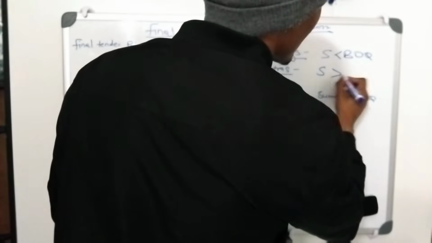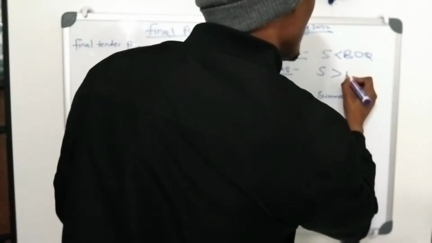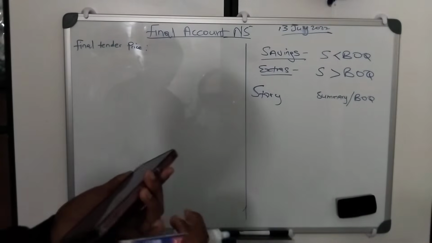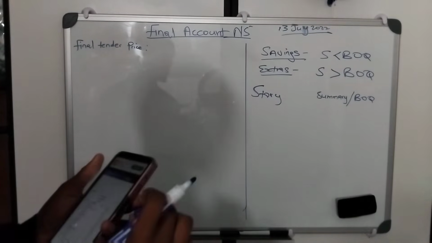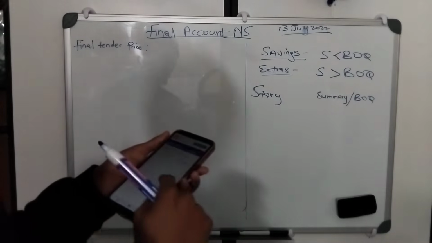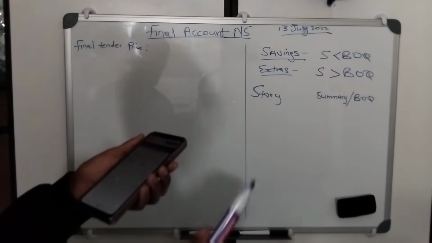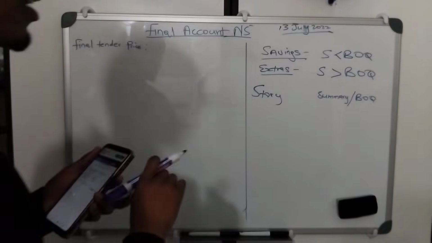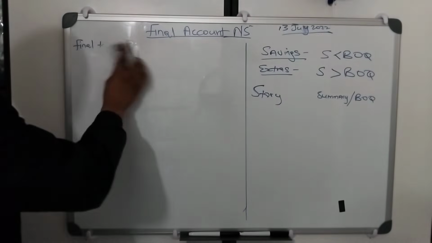Whenever on the story it's big and on the BOQ it's small, it's an extra. That's the easiest way you can know these two. So you're going to go through your question. Now let's first pick which ones belong to the savings and which belong to the extras before we move forward.